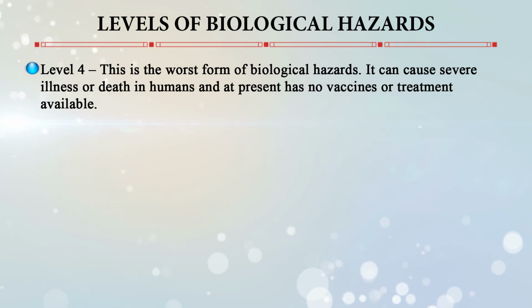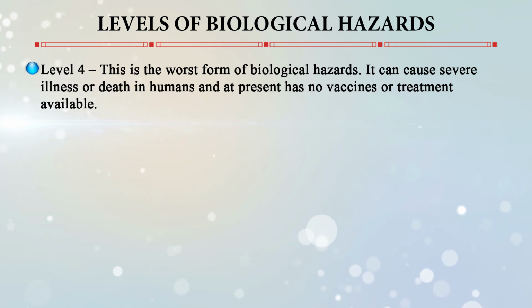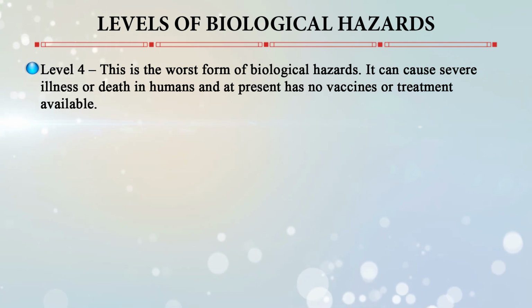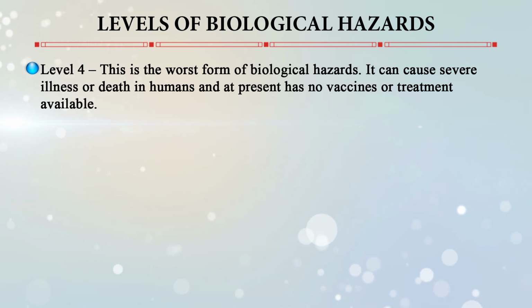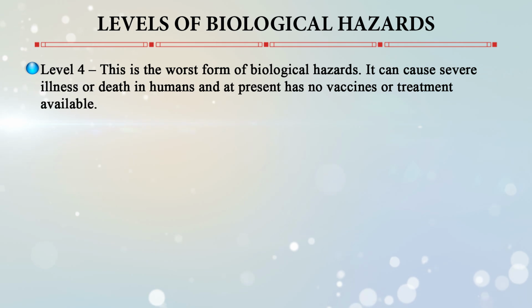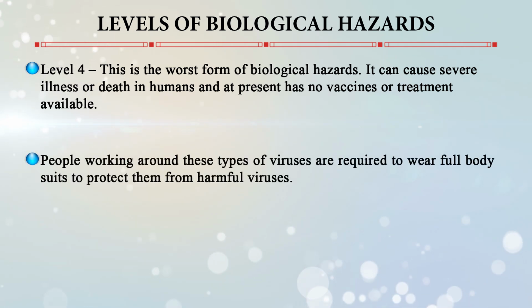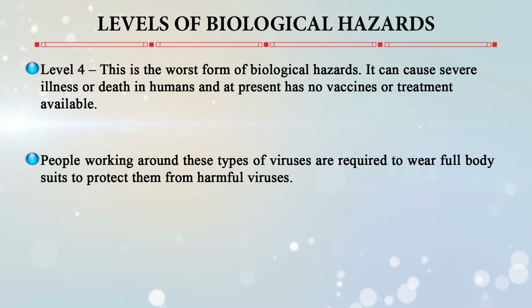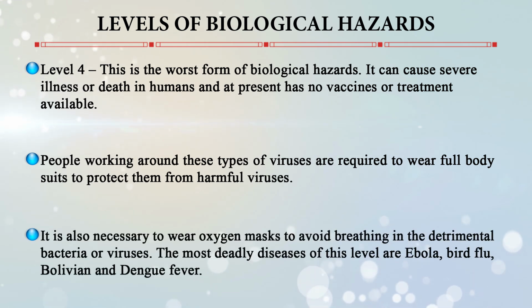Level 4. This is the worst form of the biological hazards. This can result in severe illness or death in humans, and at present there is no vaccine or any treatment available. People working around these types of viruses are required to wear a full body suit to protect them from the harmful viruses. Again, it is necessary to wear an oxygen mask to avoid breathing in the bacteria or viruses.